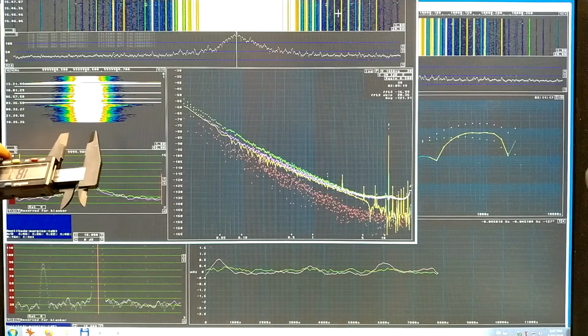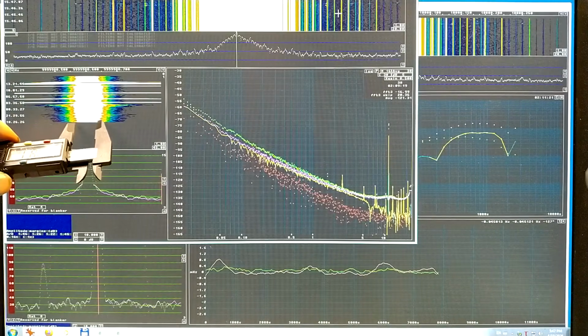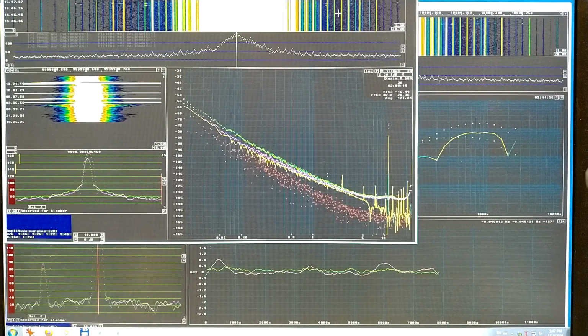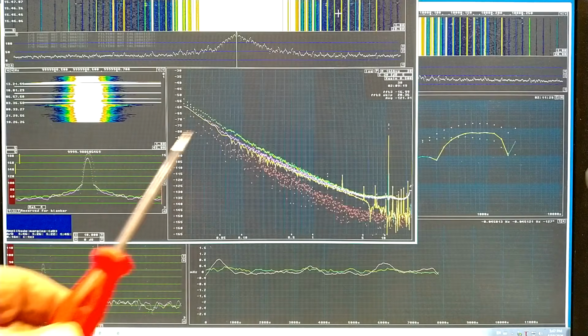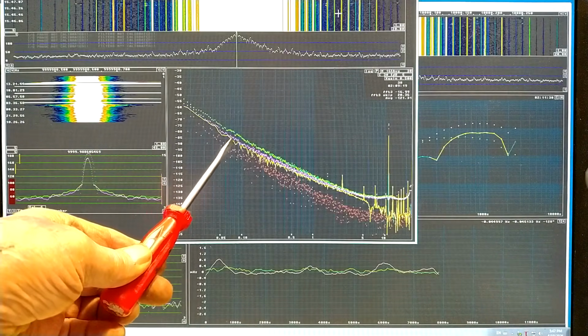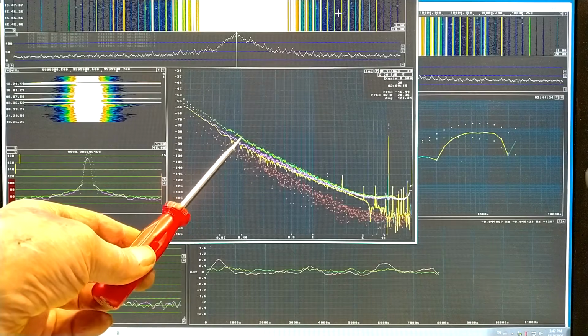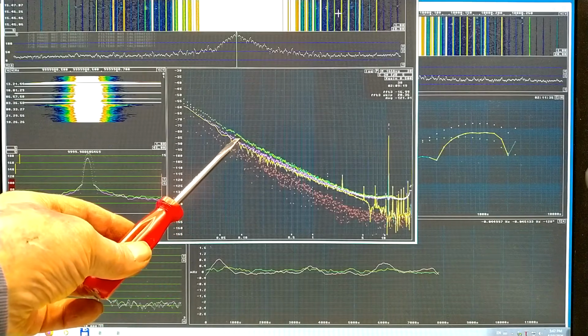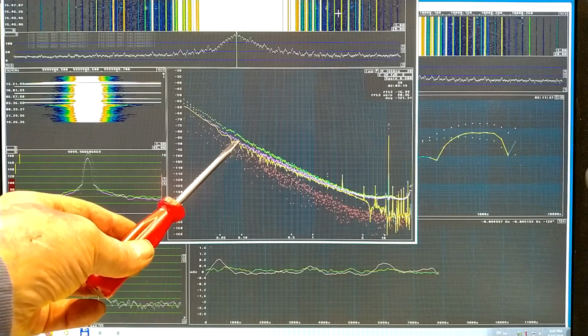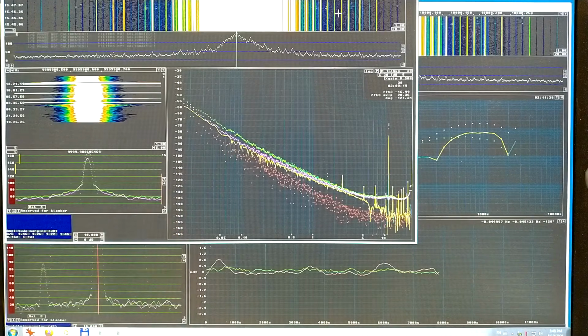And it seems I have restored the performance I had at the start here. And I don't know what is the cause for the oscillator in channel 1 to be about 5 decibels more noisy than channel 2 at 0.1 Hertz. Could be polystyrene capacitors, could be something else.